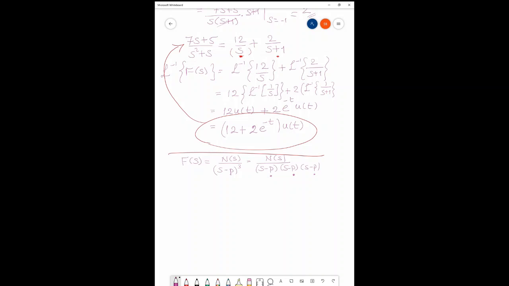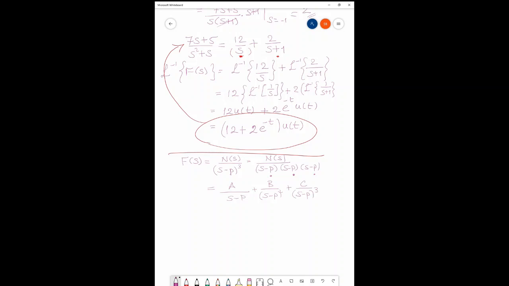So when we have repeated poles, we have a way to find these functions. When we have a function like this, for example, n over s minus p raised to 3, then we will try to decompose this into a over s minus p plus b over s minus p squared plus c over s minus p the whole cubed.